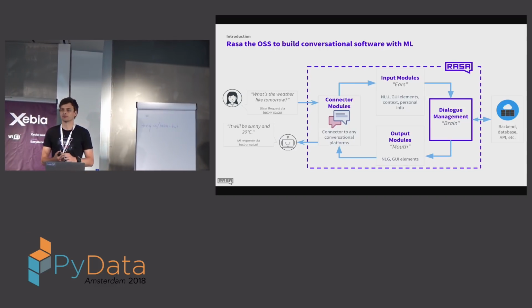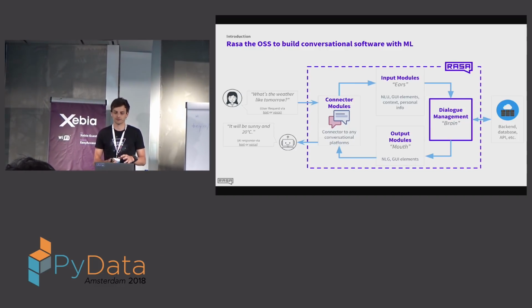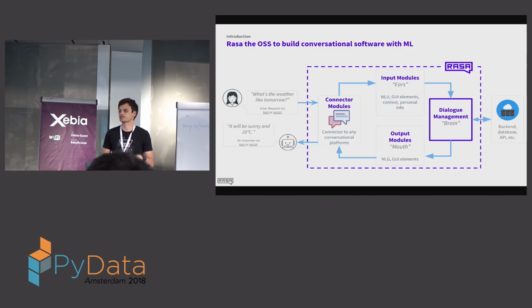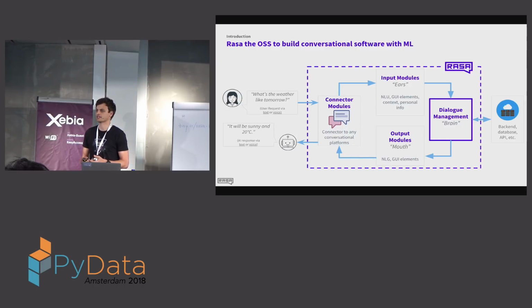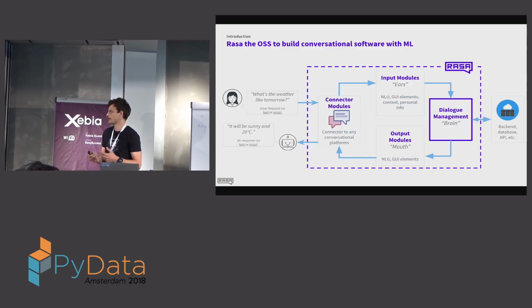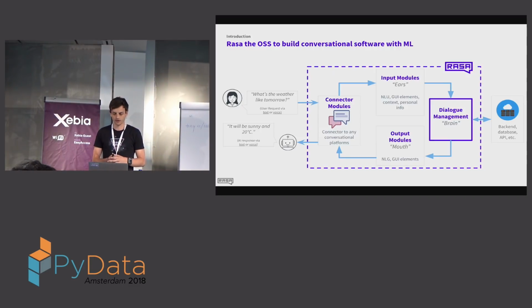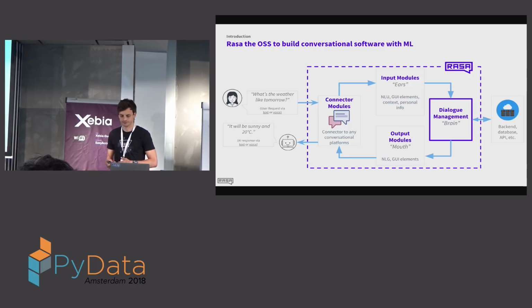And the third part is output modules, right? When we've found the answer that we want to return to the user, we still need to create some text for the user to understand. From APIs we usually get structured information again, so now we need to convert that into sentences that the user can understand.